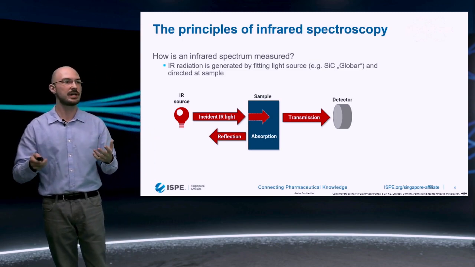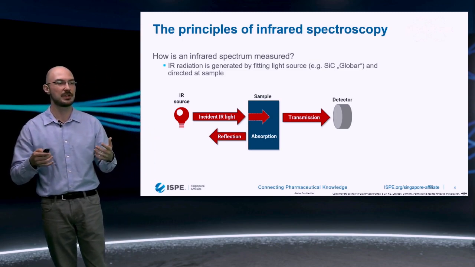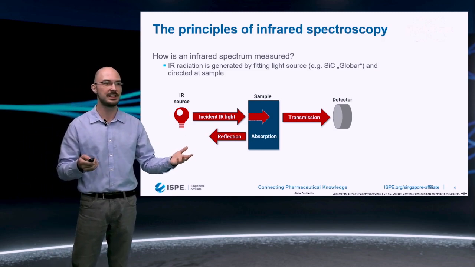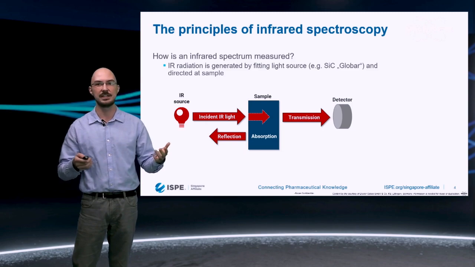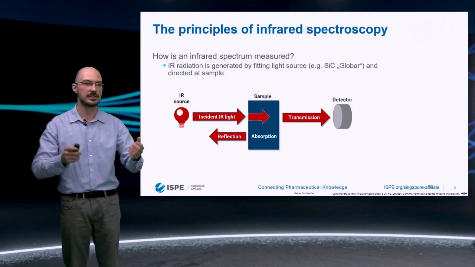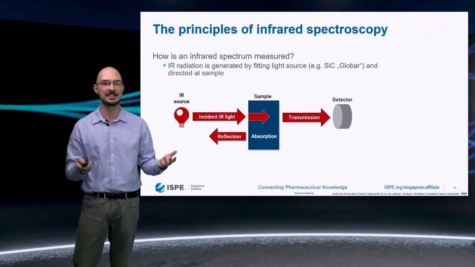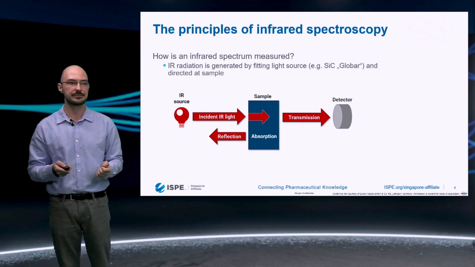This way we have different possibilities to detect: transmission FT-IR, attenuated total reflection, or front reflection. Those are the most common ways to detect infrared light.